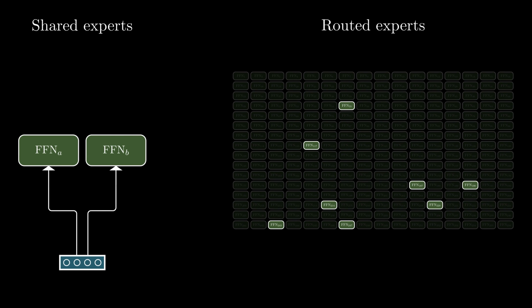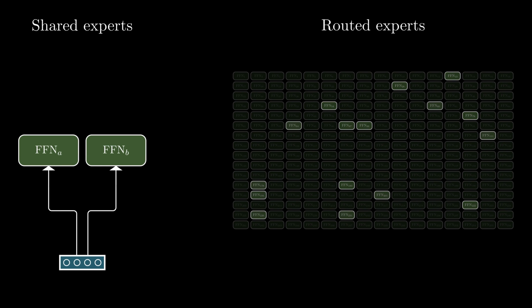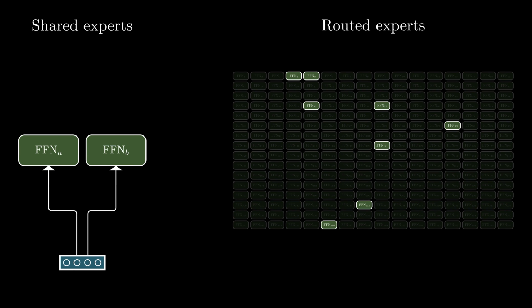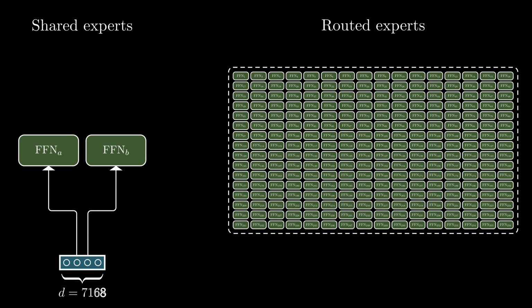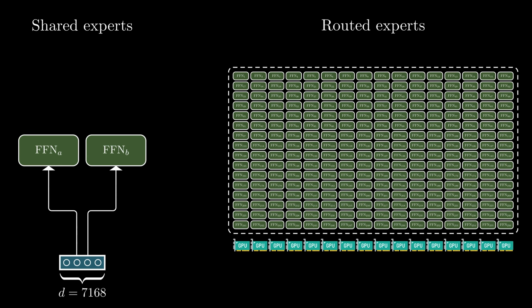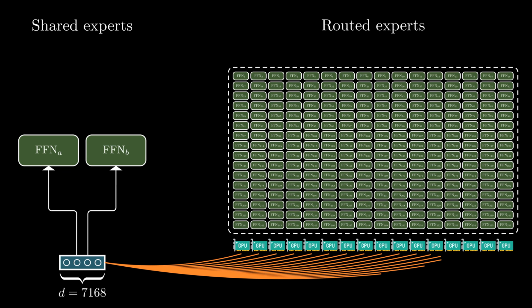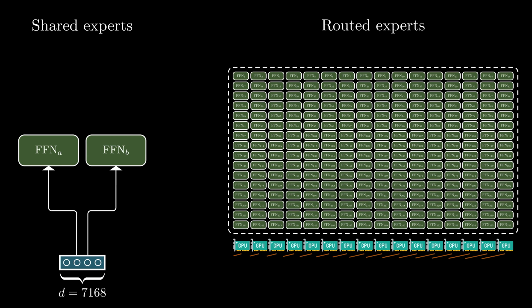Increasing both the number of experts and the number of active experts per token expands the range of possible expert specializations. However, each routed expert receives the entire d-dimensional embedding for each routed token. Since the experts are distributed across many GPUs, activating more experts for each token results in a significant communication overhead.